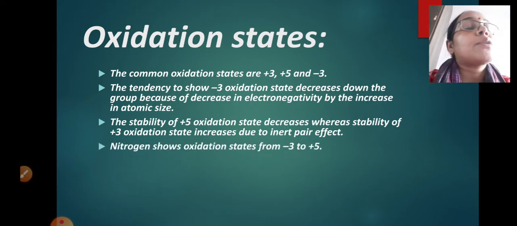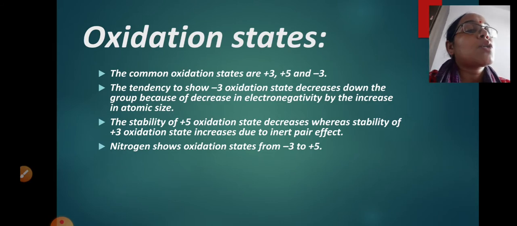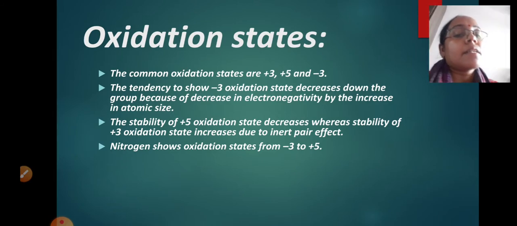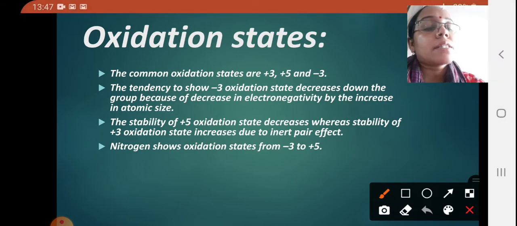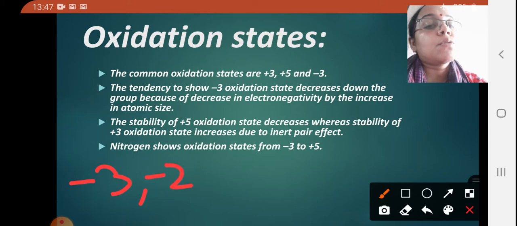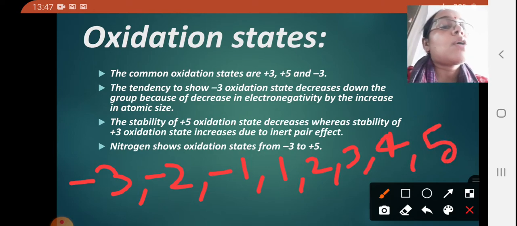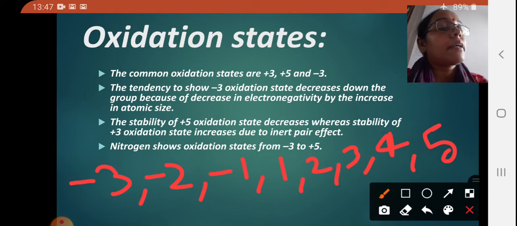Now when we talk about nitrogen specifically, it shows all the oxidation states: -3, -2, -1, 1, 2, 3, 4, 5. These all oxidation states are shown by nitrogen.